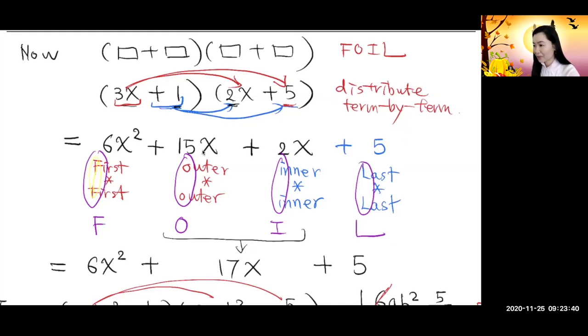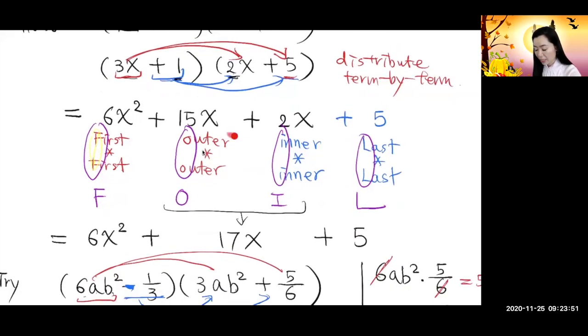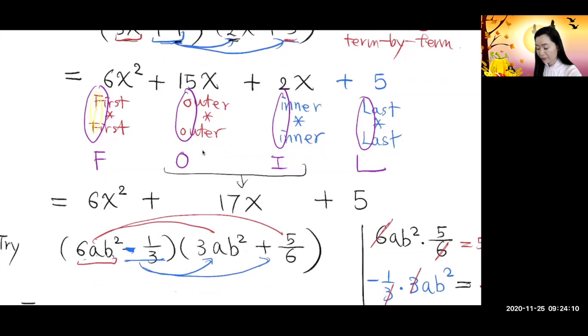In America, some schools call this the FOIL method, but basically it's just distributing term by term. Notice that the outer and inner terms are like terms, so you can combine them by adding the coefficients. You get 17x, and these two will remain the same. So that will be the result.